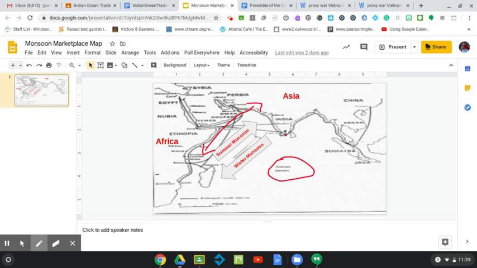And again, very reliable winds would happen like clockwork every winter season. All of a sudden, the winds would shift and they would blow back in this direction. That would allow sailors and traders to sail back to Africa.